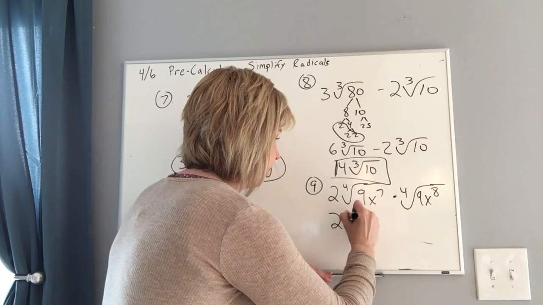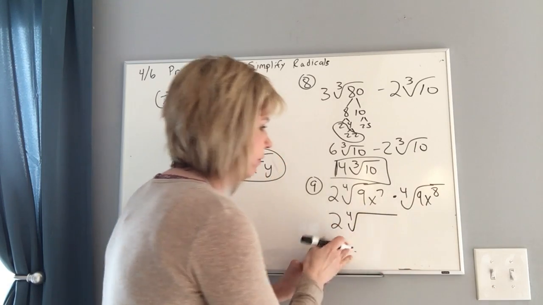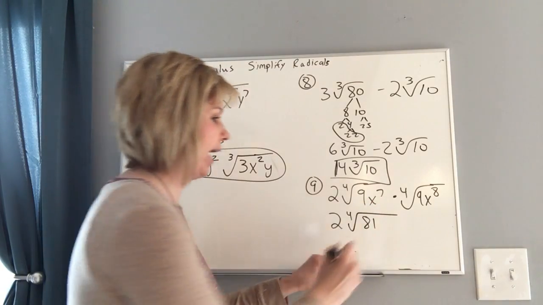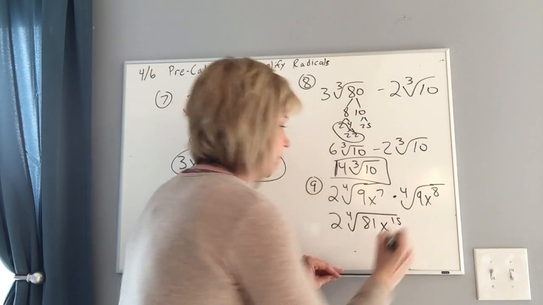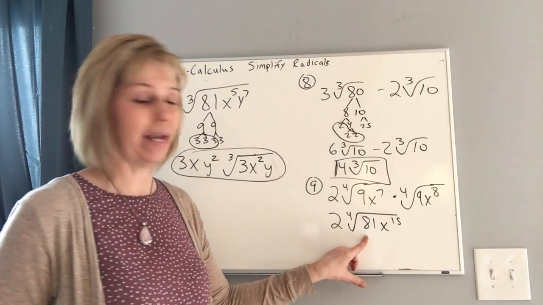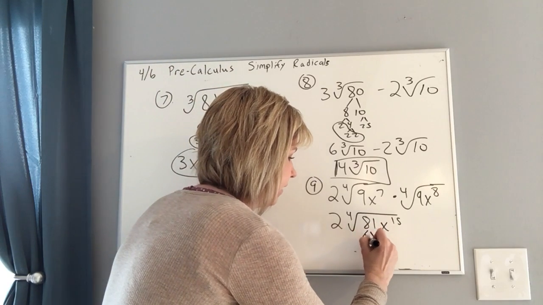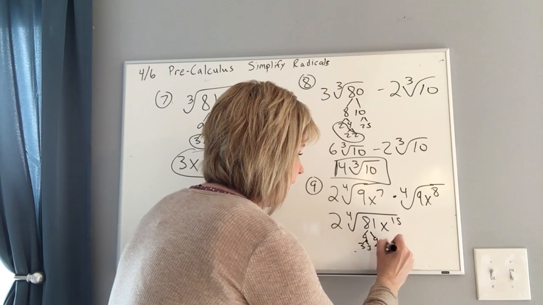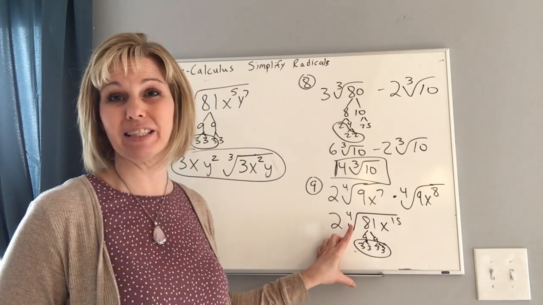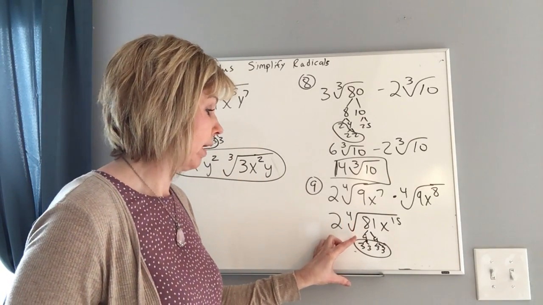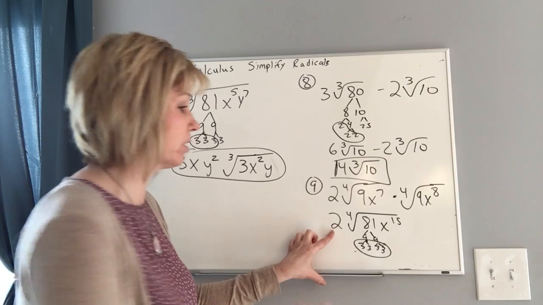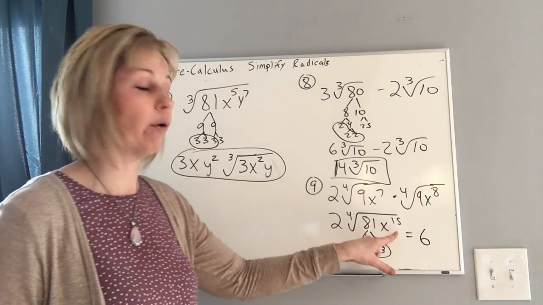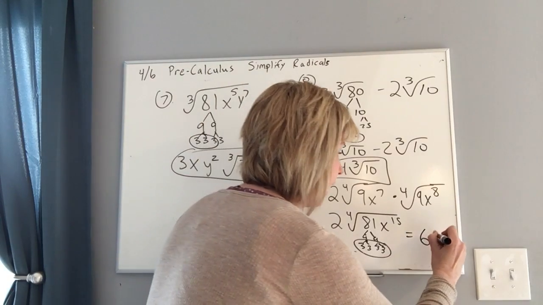So I got 2 times the 4th root of 9 times 9, which is 81, and then x to the 15th. Okay, 81 is 9 and 9, 3 and 3, 3 and 3. It has four 3's, so we'd say it's a perfect fourth. So we can bring a 3 out times a 2, which should be 6. So 4 can go into 15 3 whole times.